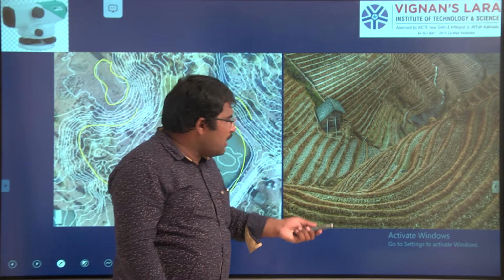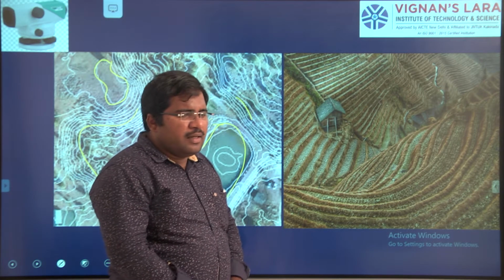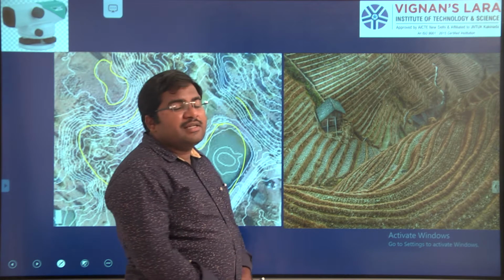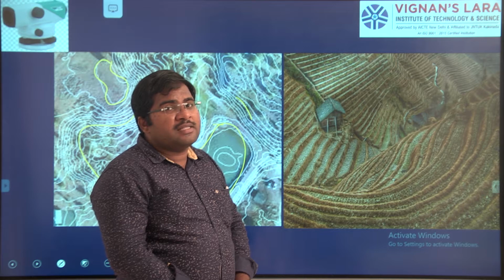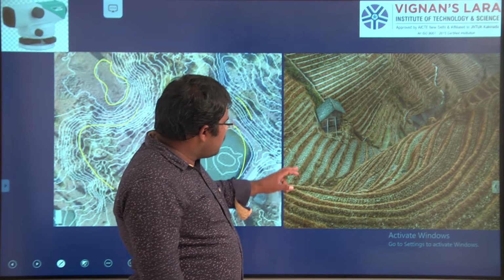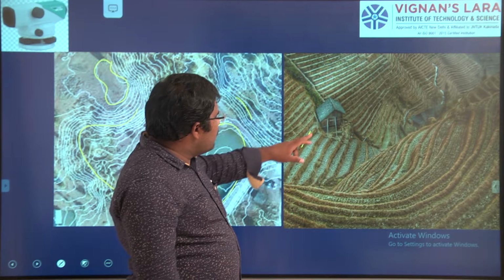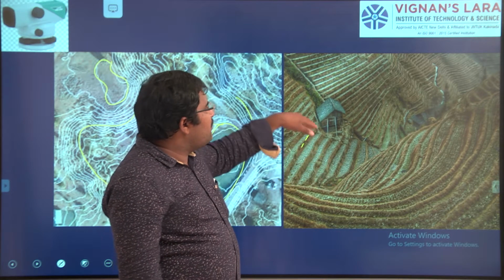Now normally if you are taking any hill, we have an irrigation type called contour irrigation. That contour irrigation is practiced in the case of high mountains, right? So you can see here how beautifully they made a field for crops.